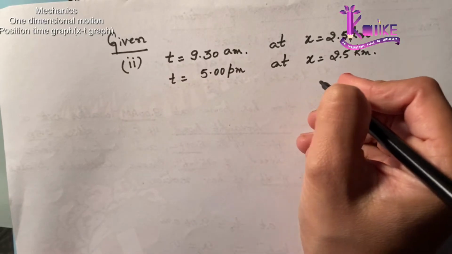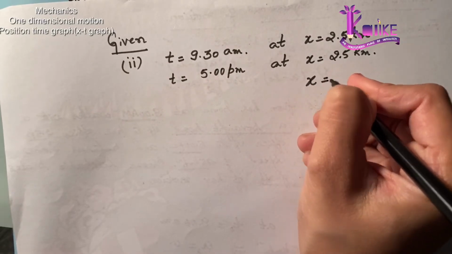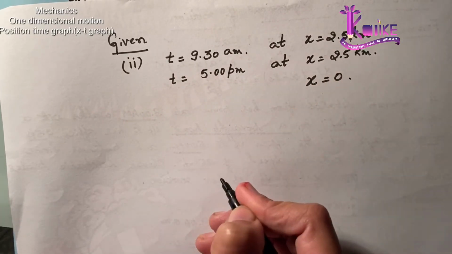Now, she returns back to home. So, the position of x will be 0.